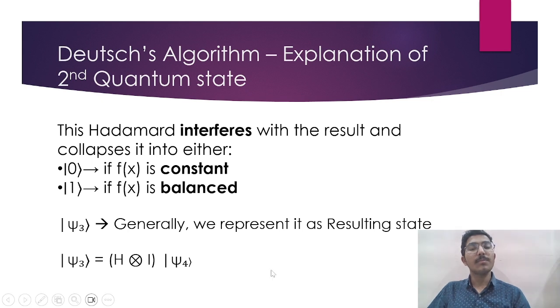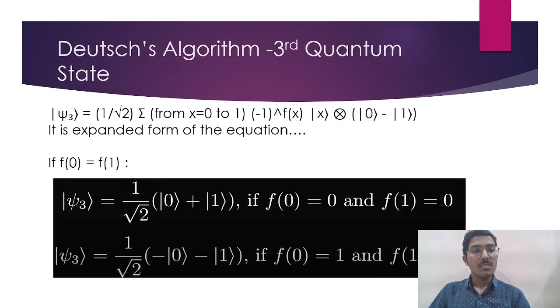Now here is a brief explanation of the third quantum state. In this process, the Hadamard gate interferes with the result and collapses it into either a 0 qubit, then f of x is constant, or a 1 qubit, then f of x is balanced. Now the third quantum state can also be represented as a resulting state.